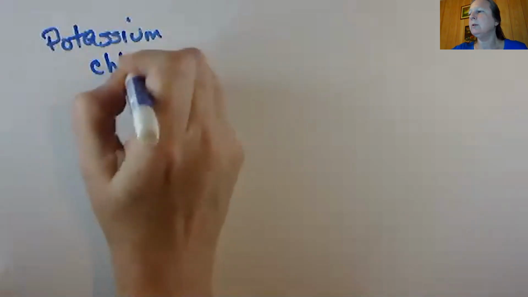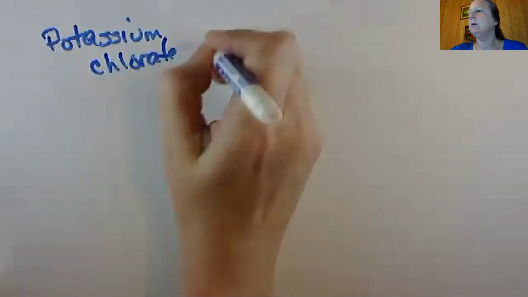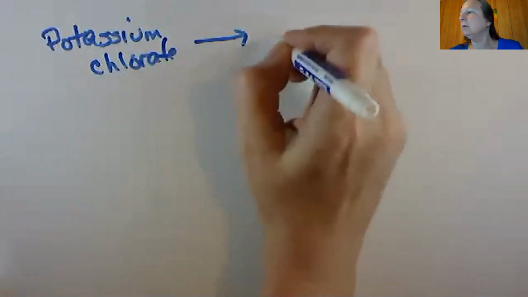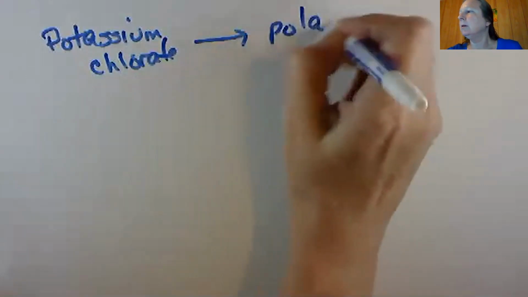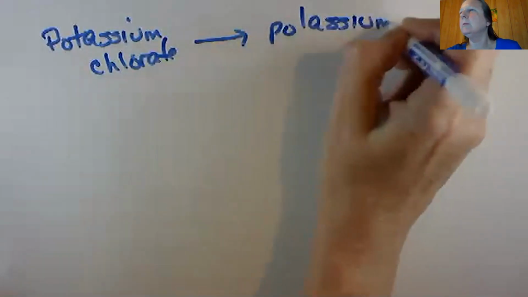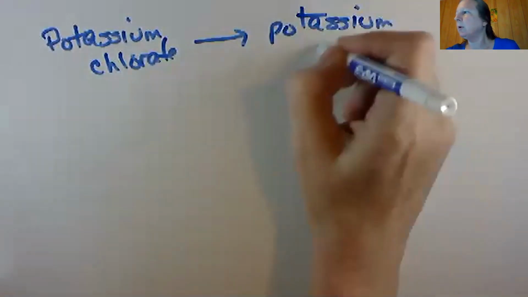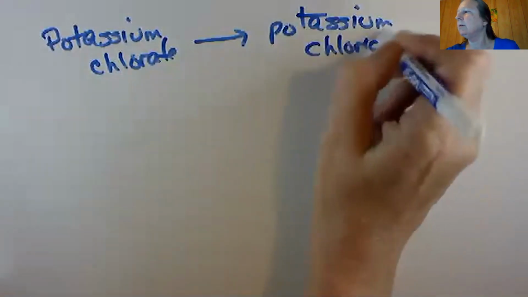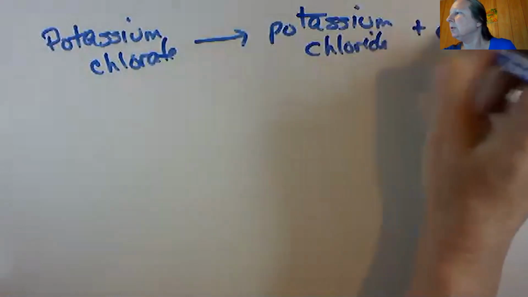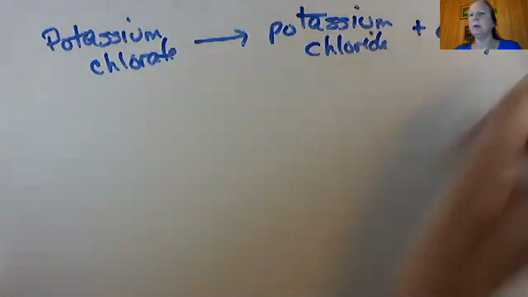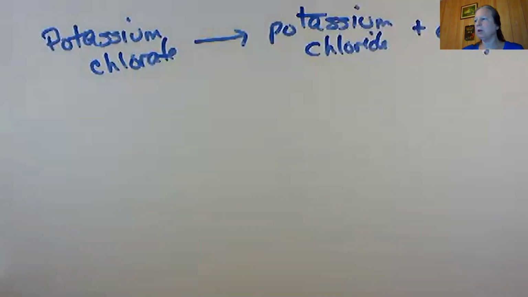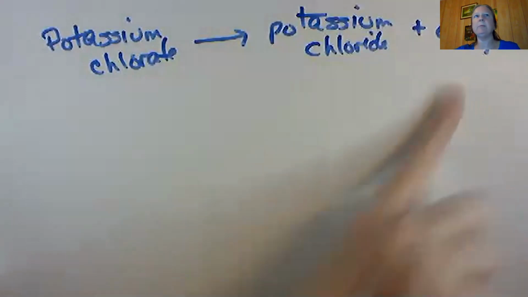Potassium chlorate yields potassium chloride plus oxygen. And if my picture is covering up the word there, that's oxygen over there. But again, this is the slide.